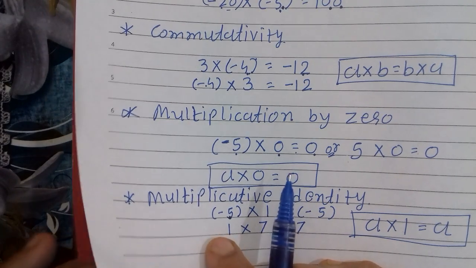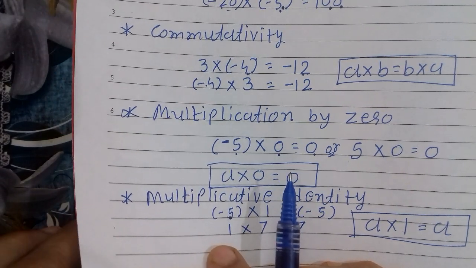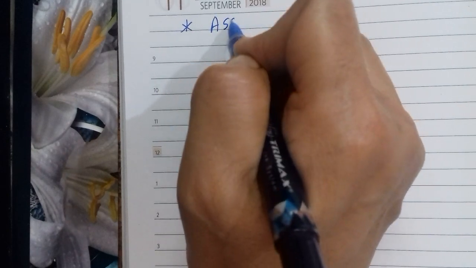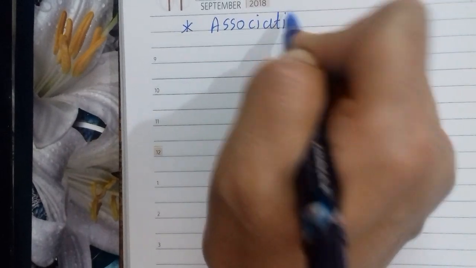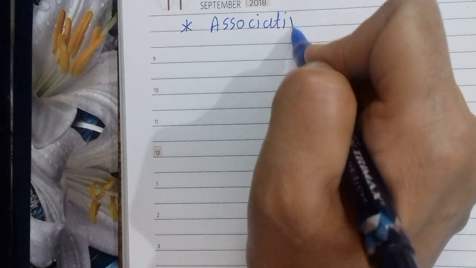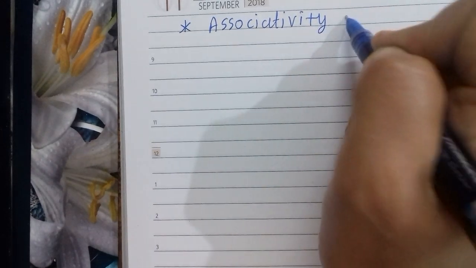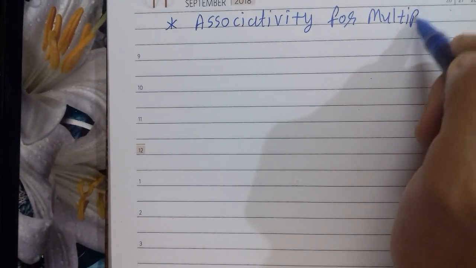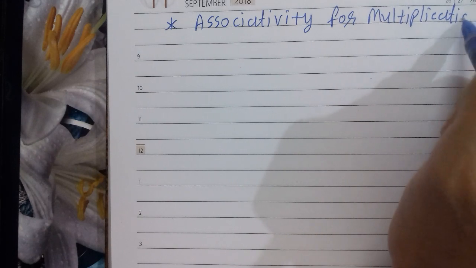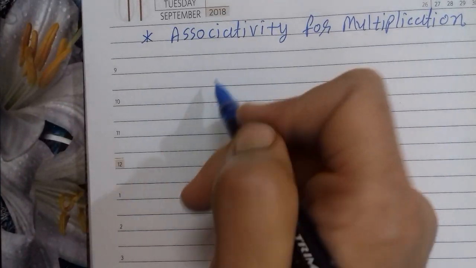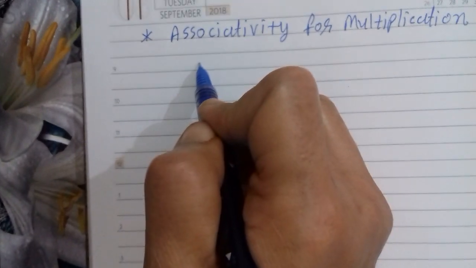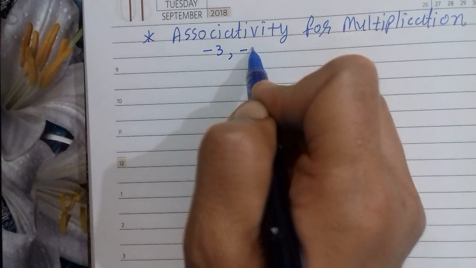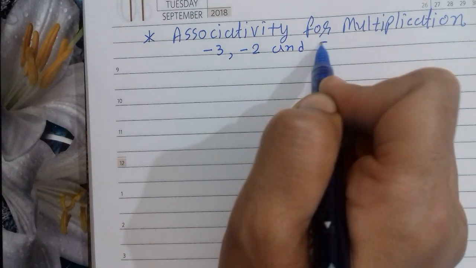Next, associative property. Associativity for multiplication. Suppose consider three integers minus 3, minus 2 and 5.